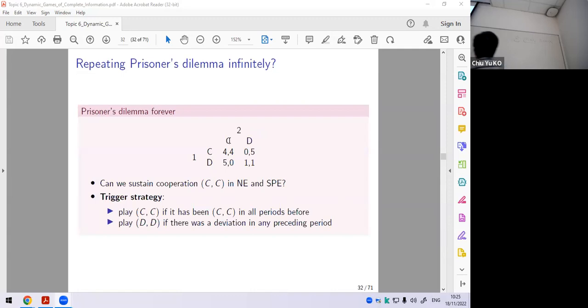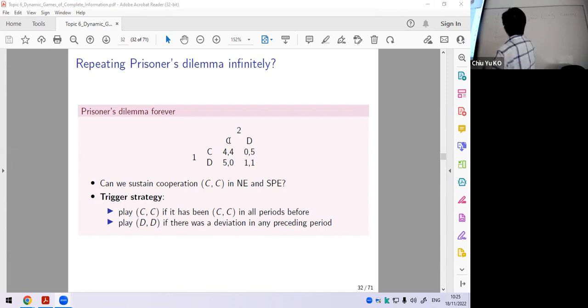What I'm going to draw is the utility of player 1 and player 2 in this diagram. Here I have 5 and 5, and I have 4 and 4 here, and this is 1 and 1. So what are the possible payoffs in this diagram?